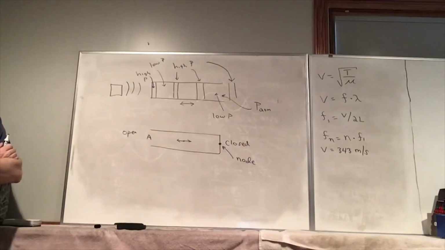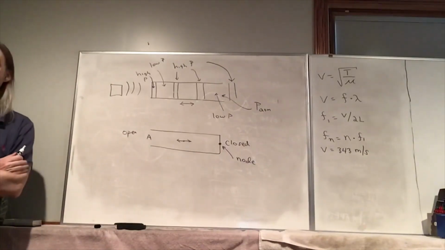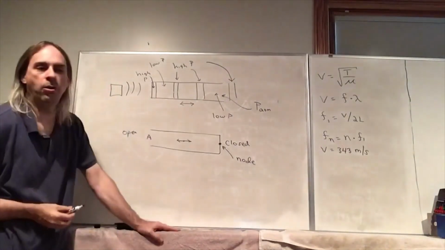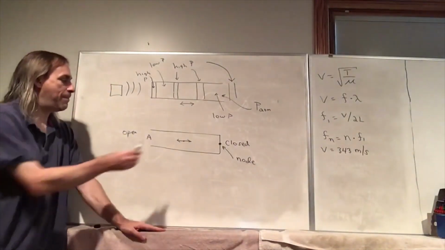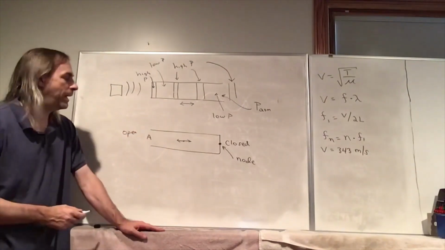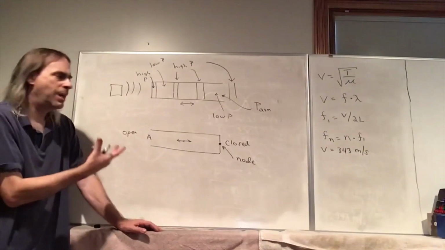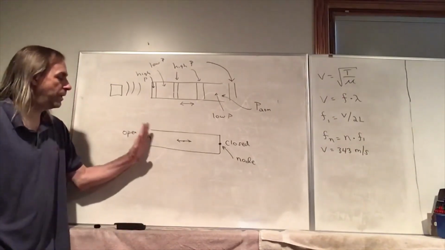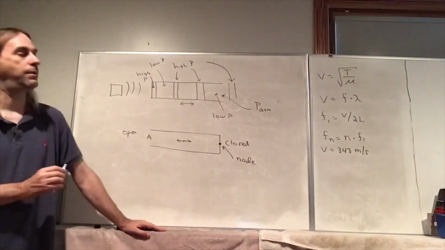Now, this is not 100% accurate. You might think, well, why do we have to have an antinode at the open end? You know, we can have oscillations at the end. Why can't we have some random oscillation? Well, you can, but that's not going to produce resonance. To get resonance, we need an antinode at the open end.